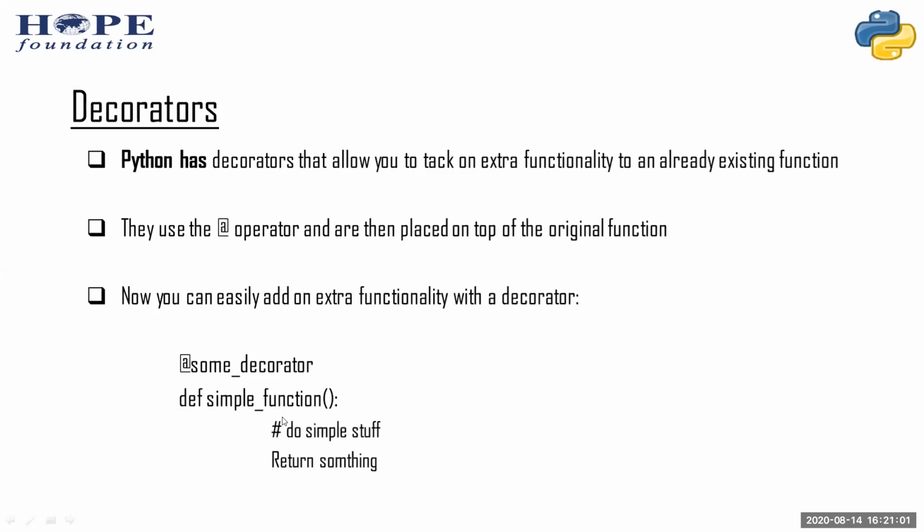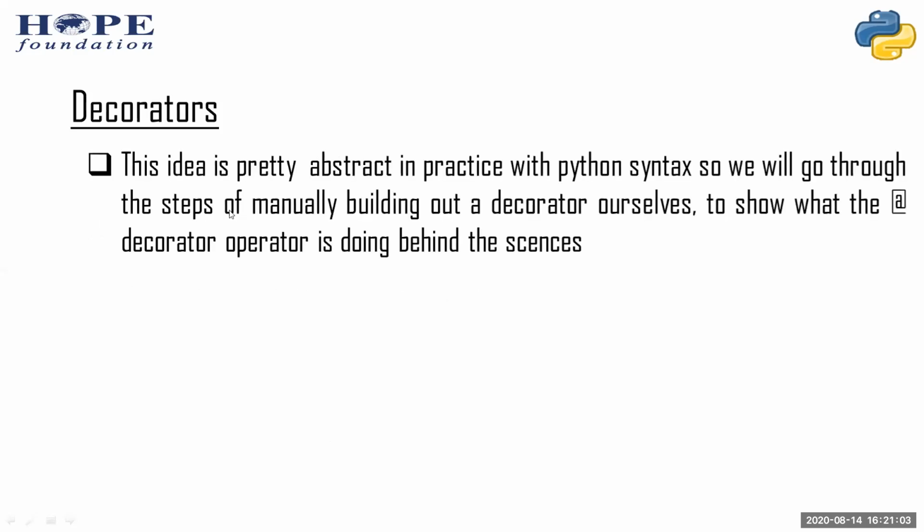The idea is pretty abstract in practice with Python syntax, so we will go through the steps of manually building out the decorator ourselves, to show what the at operator is doing behind the scenes. Let's see a couple of examples to know what a decorator is.